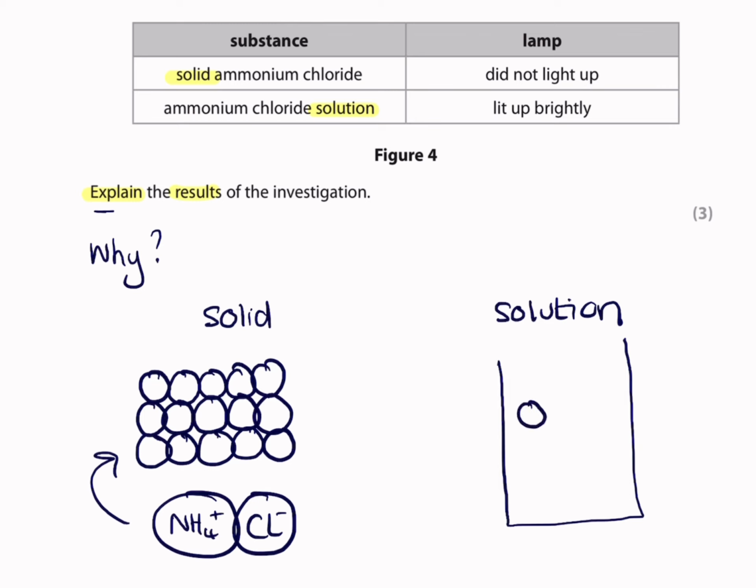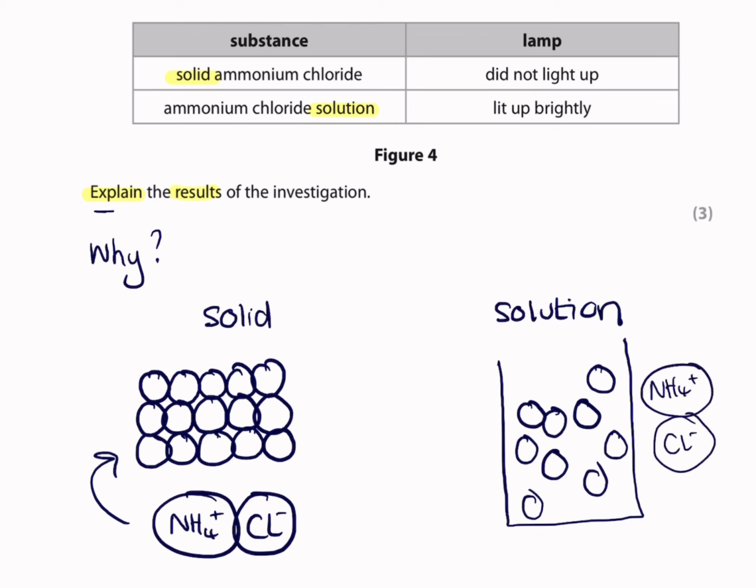So we've got an NH4+ ion and then chloride Cl- ions. However, in solution, these same ions, NH4+ and Cl-, are able to move around. Okay, so that's the key difference here. In the solid the ions can't move, in solution they can move. So again, there's our difference.